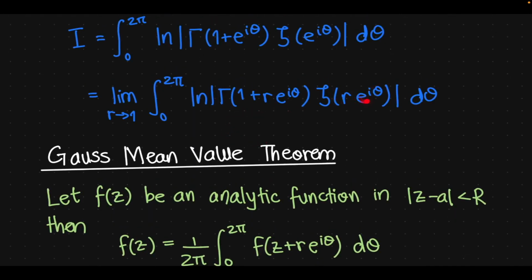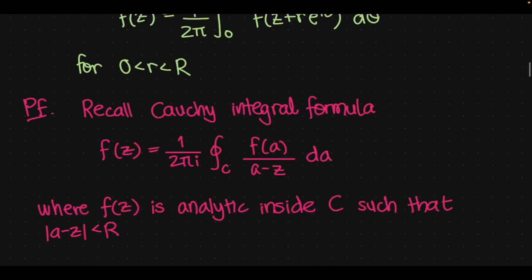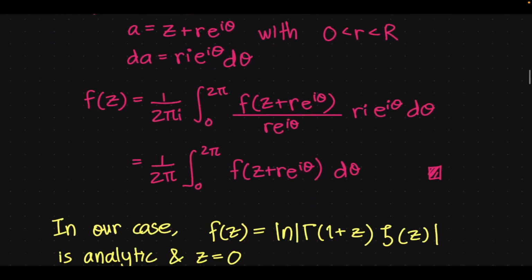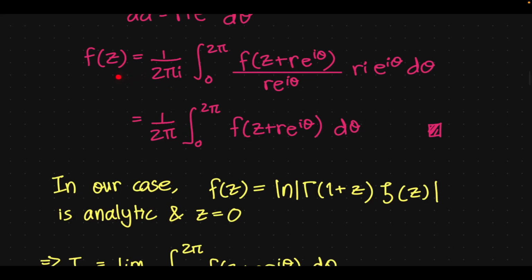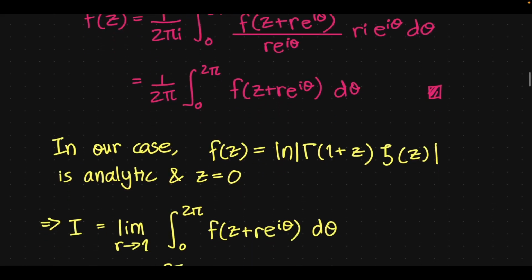There's no z plus. This one is separate, because the function is gamma of 1 plus z times zeta of z. There's nothing adding in both the arguments. So our z is just 0. The fixed complex number is just 0. The center of our contour is just 0. z equals 0.